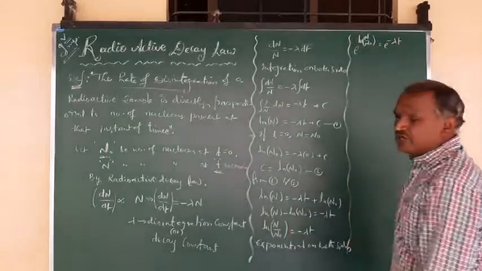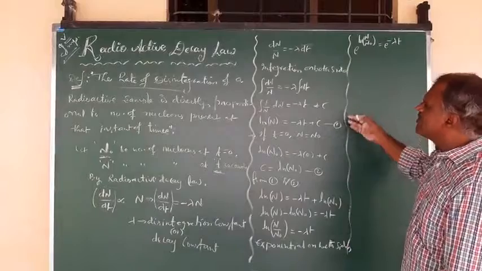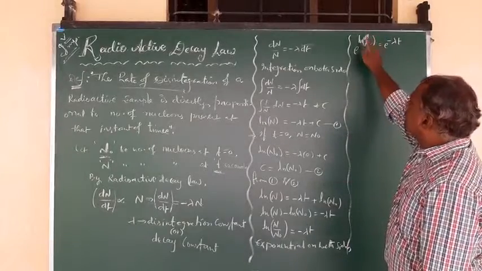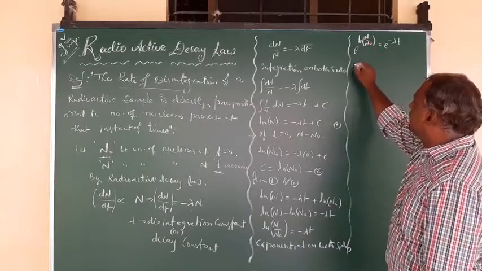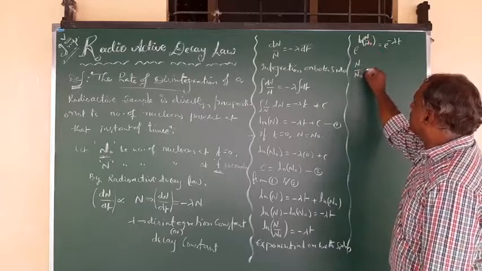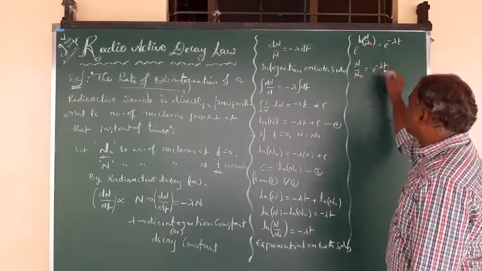The logarithm and the exponential cancel, and the remaining value is N by N naught is equal to e power minus lambda t.